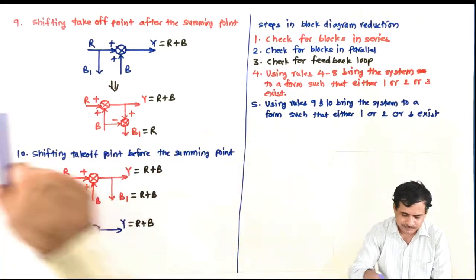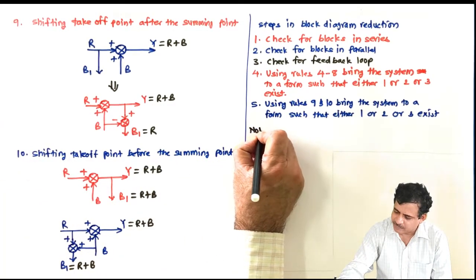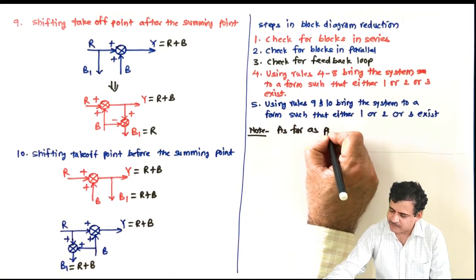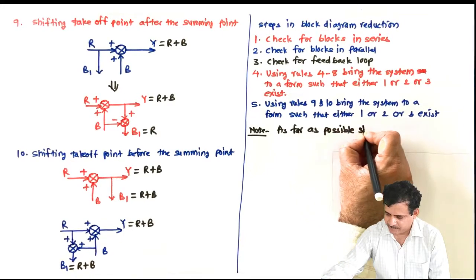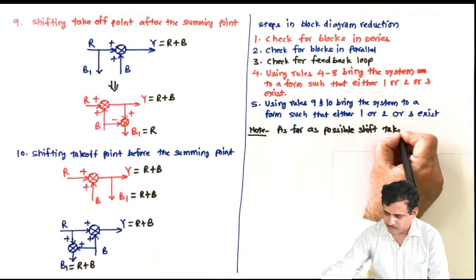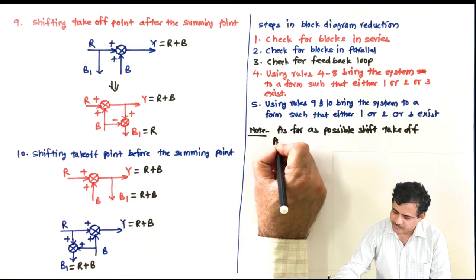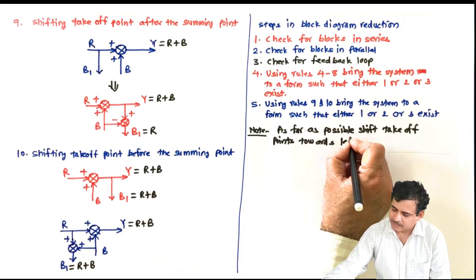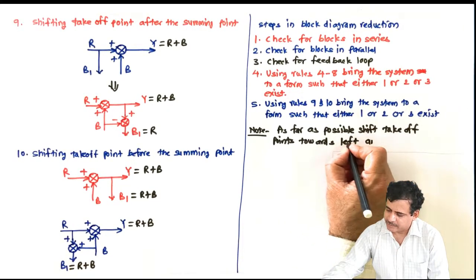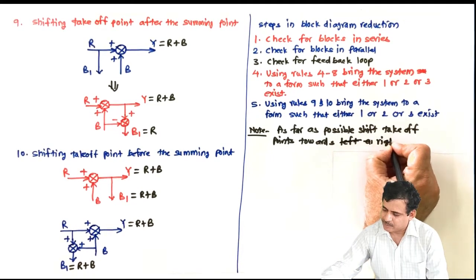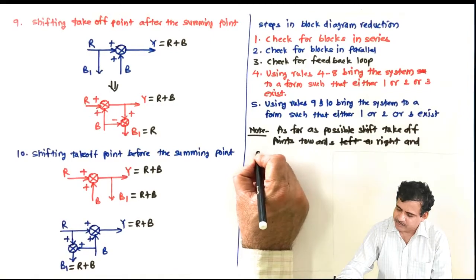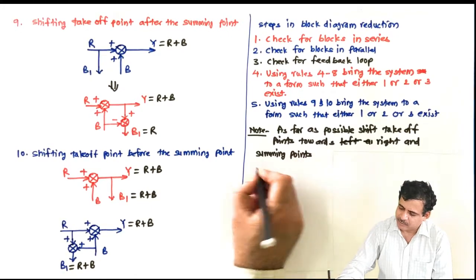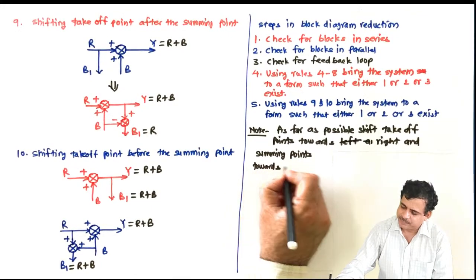And one note is there: as far as possible, shift takeoff points towards left, sorry, right, and summing points towards left.